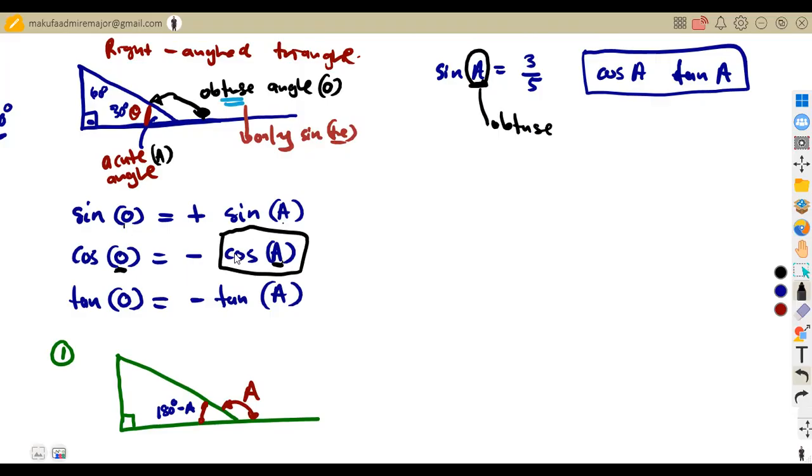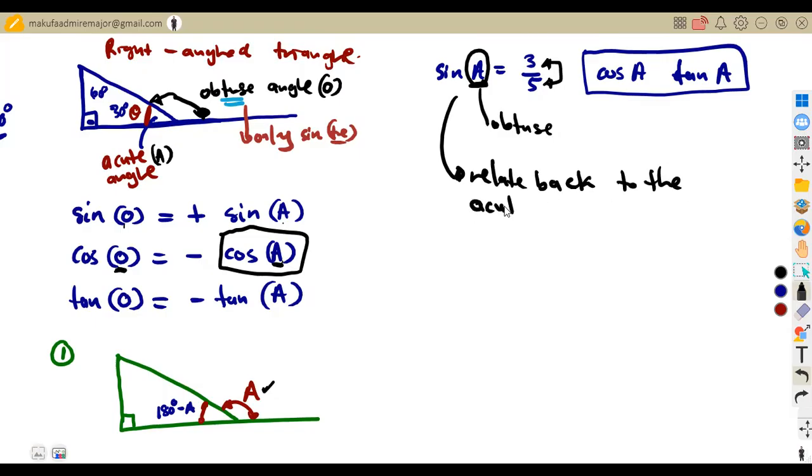So this part does not change. You are given the information about the obtuse angle, but you relate this information back to the acute angle.